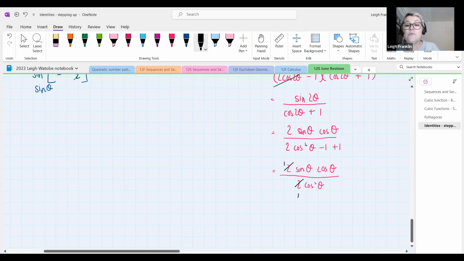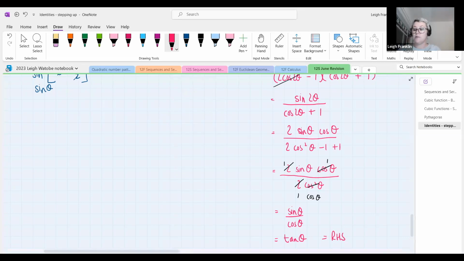Sine theta can't cancel with anything. Cos theta goes into itself once, and it goes into cos squared theta, cos theta number of times, essentially. And there we go. We have sine theta over cos theta, which gives us tan theta, which is the right-hand side. What do you guys think of that?